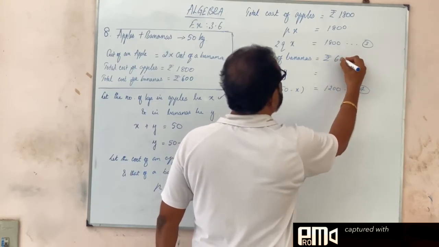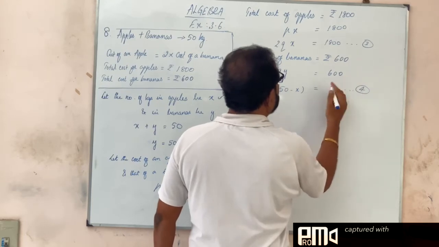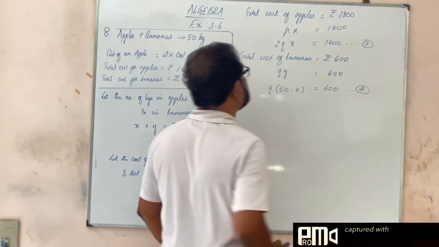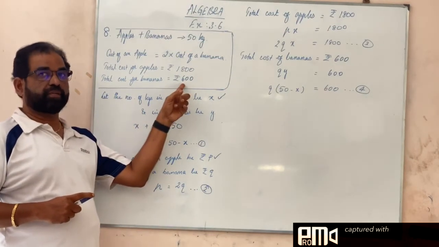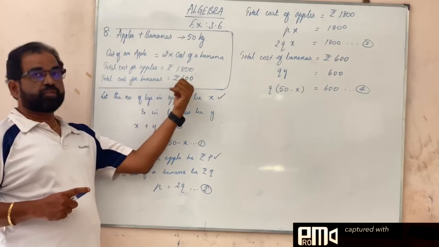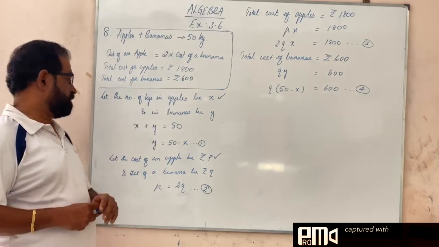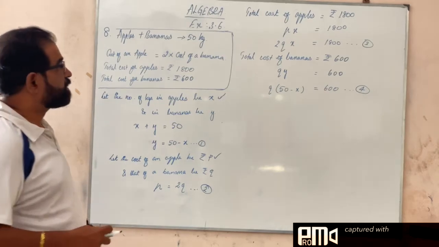She has bought bananas for rupees 600 only. Okay, Q into 50 minus X is equal to 600.